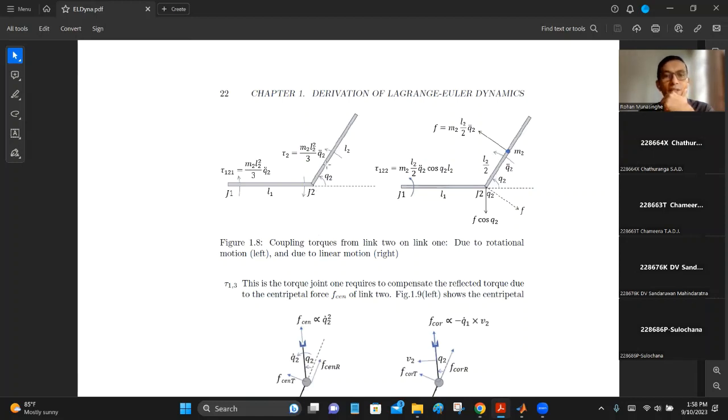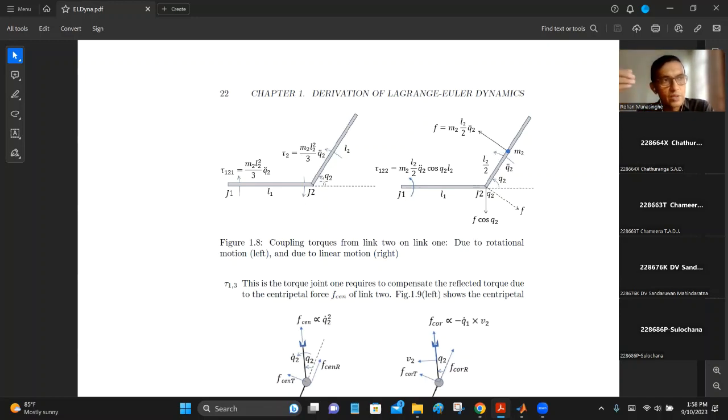You have this link 2 here, and it accelerates. You can see Q2 double dot, and this is the inertia, M2 L2 square over 3, right, as in from here at the joint. So it generates that torque over here, all right?